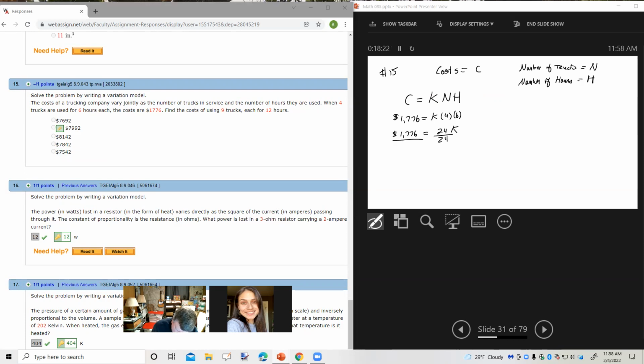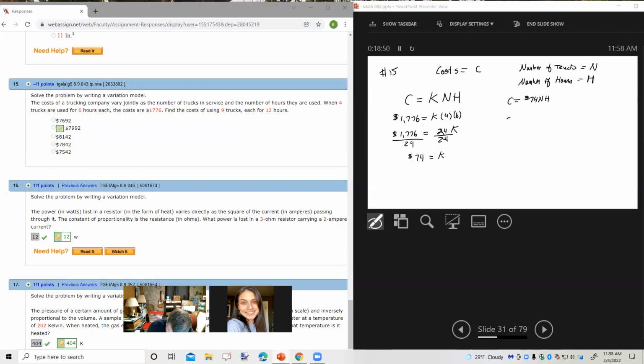We'll divide both sides by 24. And 1776 divided by 24 is 74. All right. So C equals 74nH.